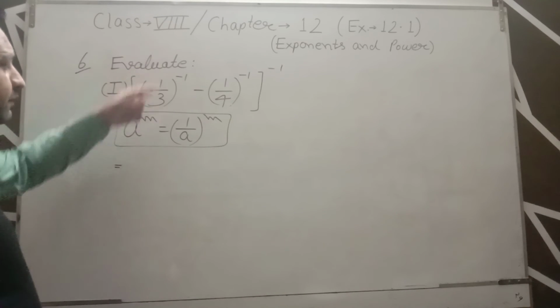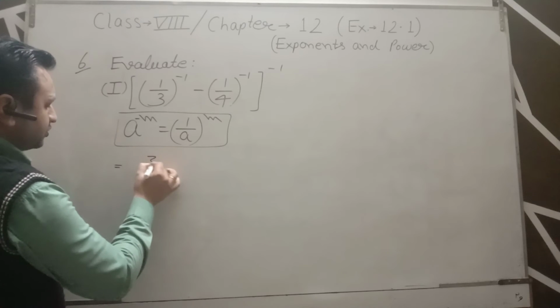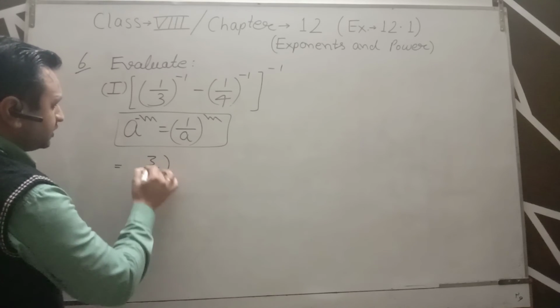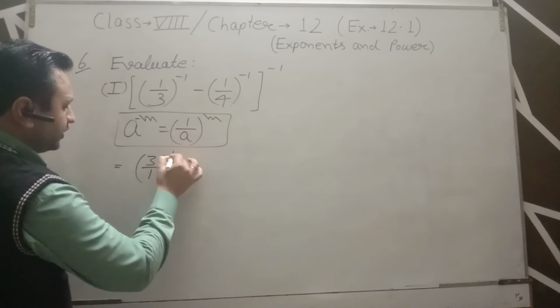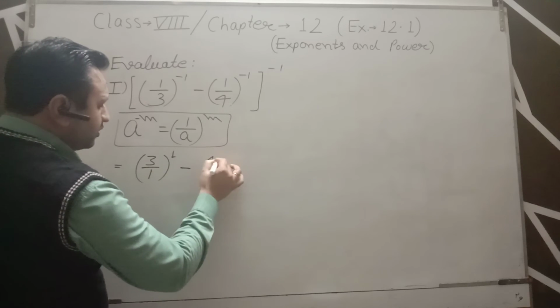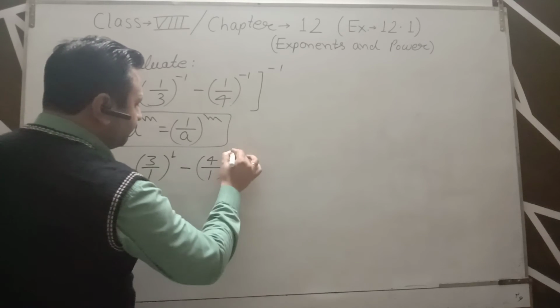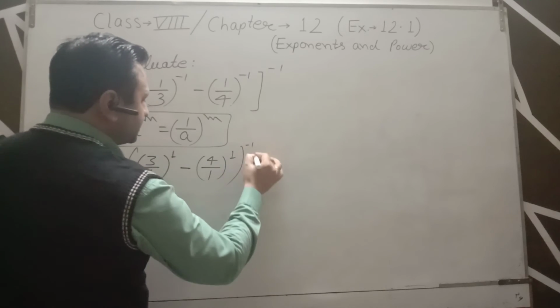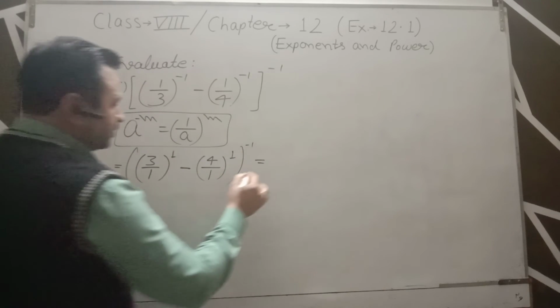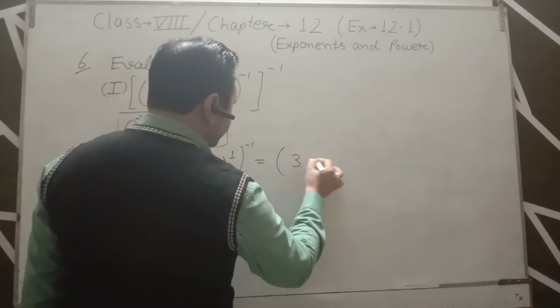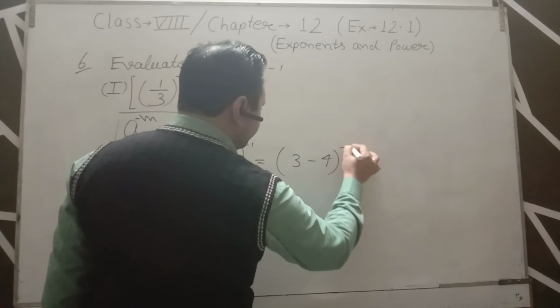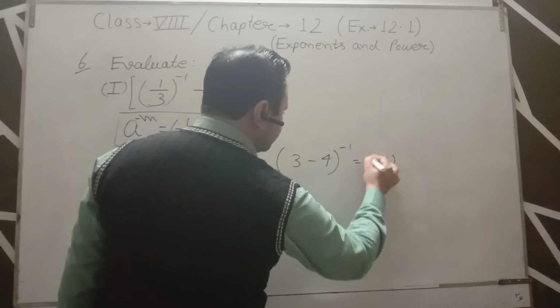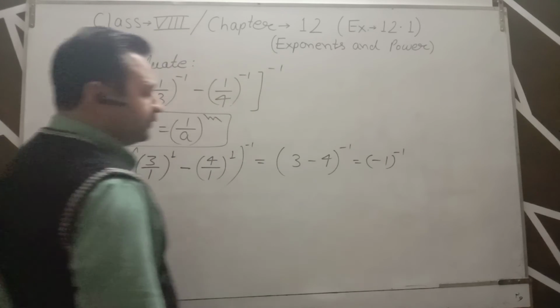1/3 whole power -1, it's mean, just note down, reciprocal of 1/3, 3/1 whole power 1 minus 4/1 whole power 1 and whole power -1. So in the bracket 3 minus 4 and whole power -1, it's mean -1 power -1.